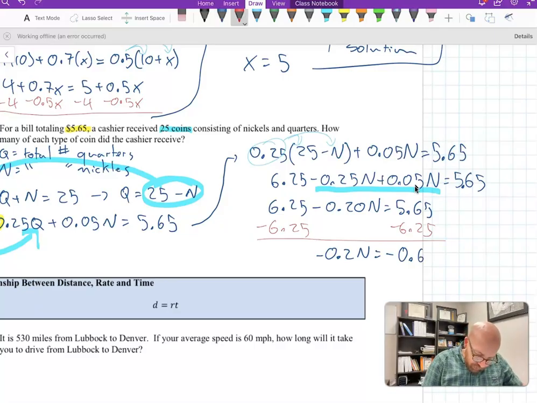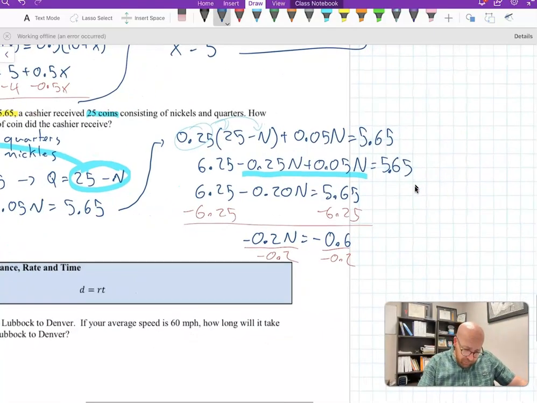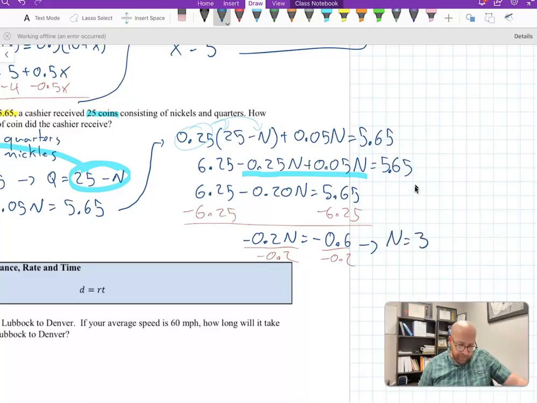Then we'll divide both sides by negative 0.2. And that will give us that n is equal to 3. So n being equal to 3 means that we have 3 nickels.